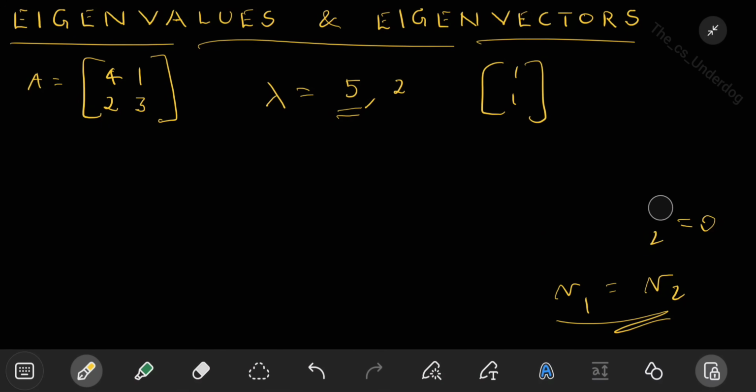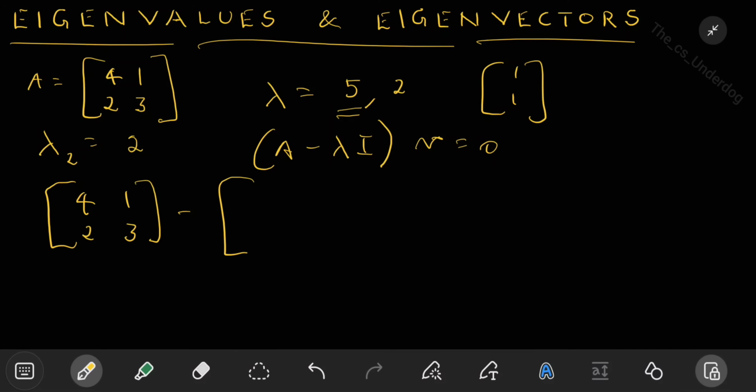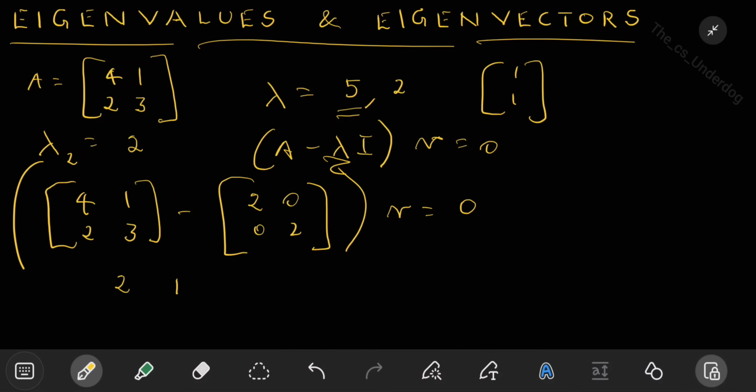Let us find the second eigenvector, corresponding to the eigenvalue 2. How do you find that? You do A minus lambda I, and A minus lambda I into your vector should be 0. This is what it should satisfy. A is 4, 1, 2, 3 minus lambda I, where lambda is 2, so lambda I is 2, 0, 0, 2. This into your vector v should be 0. 4 minus 2 is 2, 1 minus 0 is 1, 2 minus 0 is 2, and 3 minus 2 is 1.